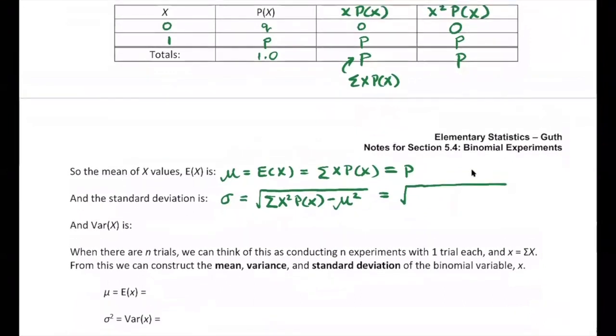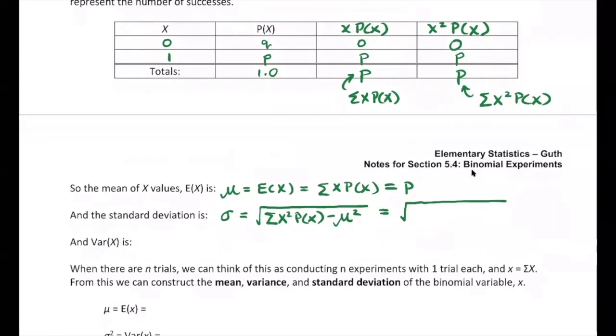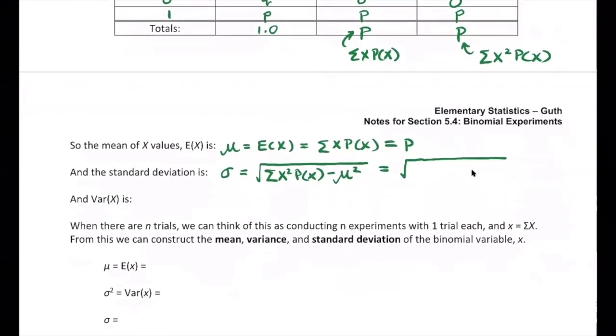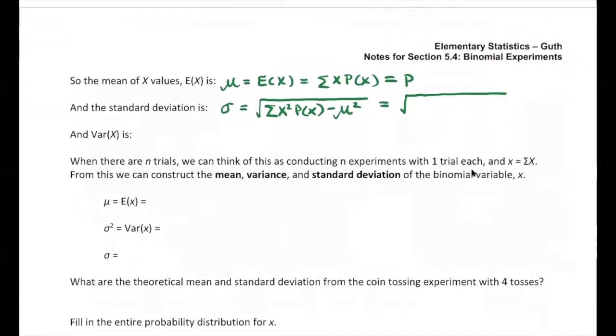And that p is the sum of x squared times p of x. So when you put those sums in for the standard deviation, the sum of x squared p of x was just p, and then we're subtracting the square of the mean. The mean is also p, so you're subtracting p squared here.